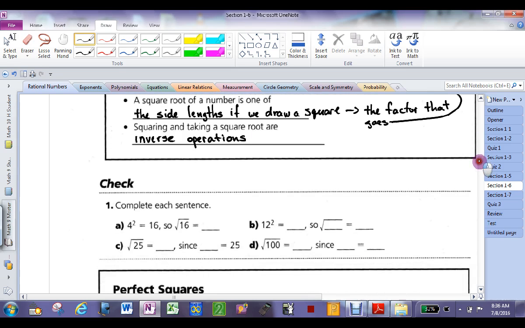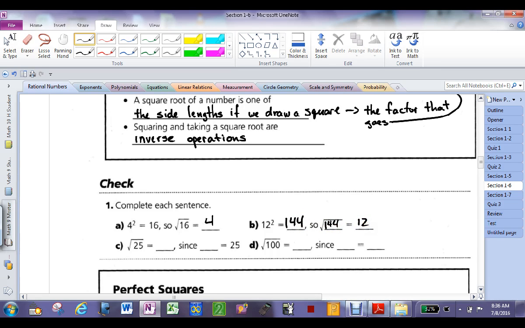Okay. So now you should be able to fill this chart in. 4 squared is 16. So now flip it around. 4 squared is 16, so the square root of 16 is 4. 12 squared is, who knows their 12 times table? 144. So the square root of 144 is what? 12.